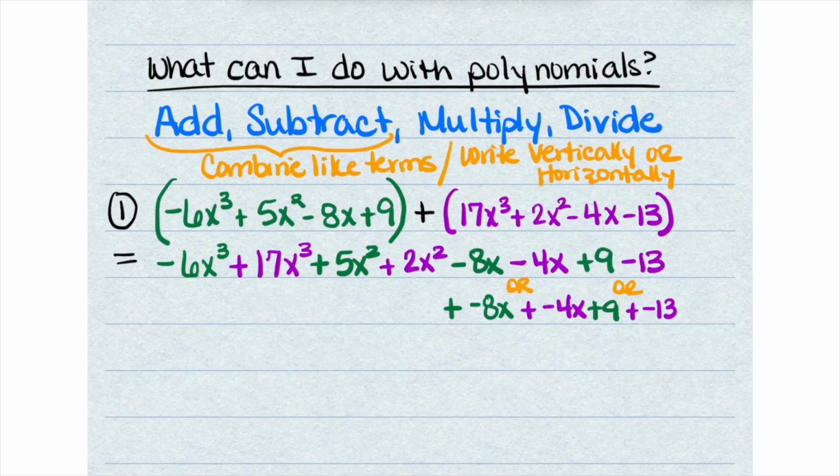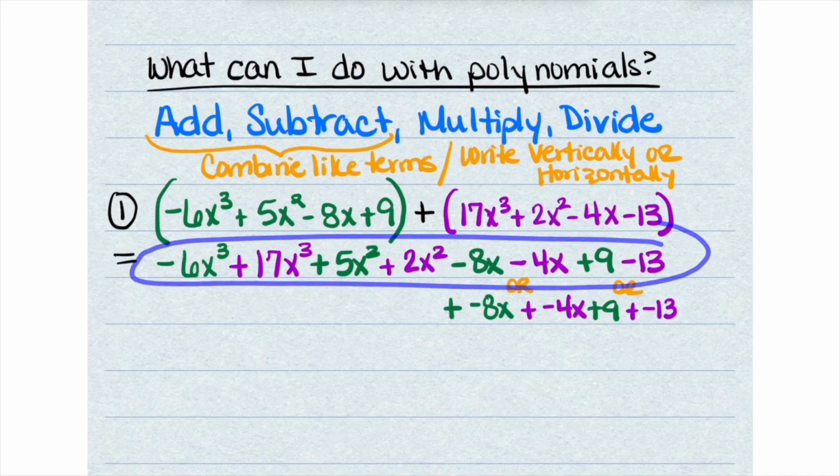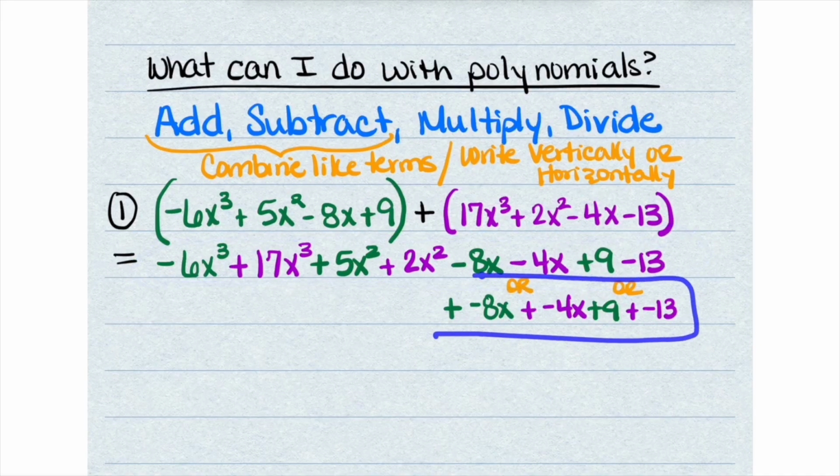Some people like having the sign right next to the number because it helps you see that you're actually adding or subtracting negative numbers. So what I'll do, so y'all can see that, I'm going to continue with this like this, but just know you can still do this. It's not going to hurt anything to still do that.